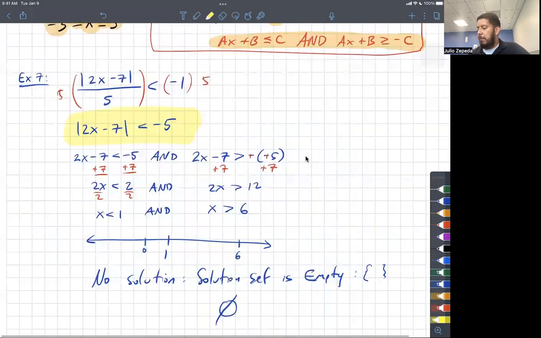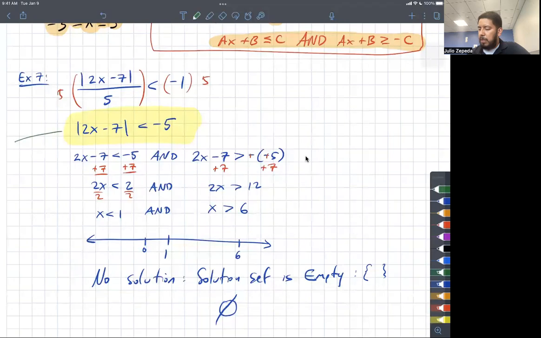So in this example, we were essentially asking: will there be x values such that the absolute value of this expression, which we know is larger than or equal to 0, is ever going to be less than -5? Well, if the absolute value is always larger than or equal to 0, then it cannot be less than -5. So that right there told us that there was no solution.